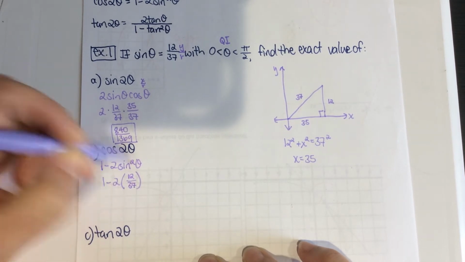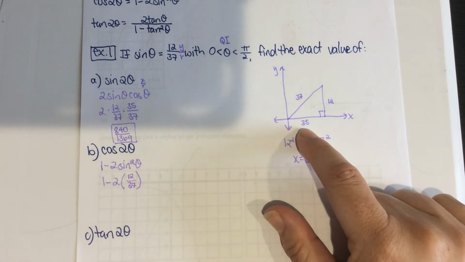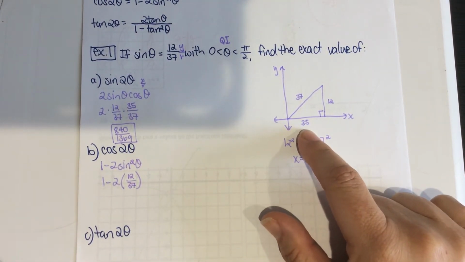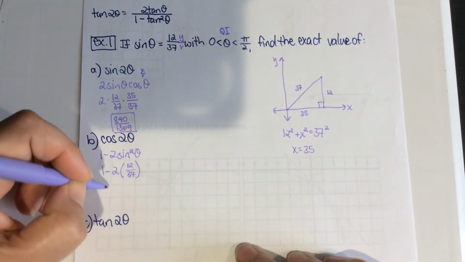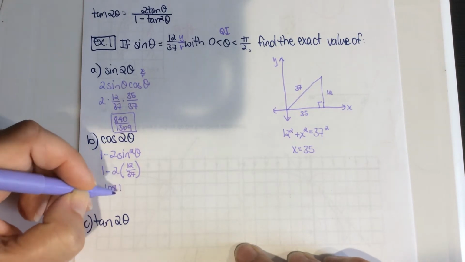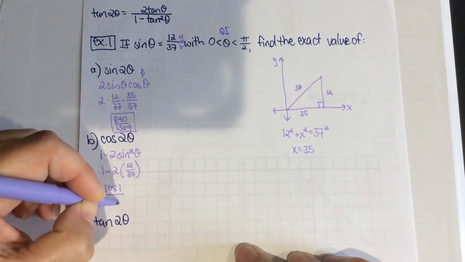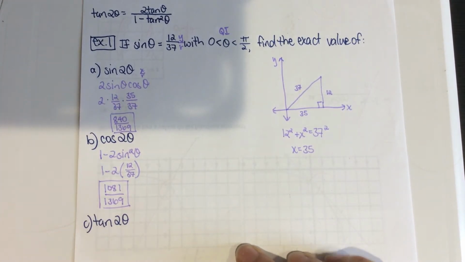I mean, it's not really much more difficult to figure out the cosine since I already have this, but, you know. And then again, I'm going to use a calculator. When it says exact value, I know you guys know what that means also. It means we want a fraction, a reduced fraction, always, always, always a reduced fraction.